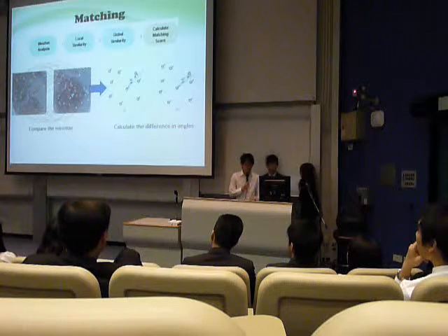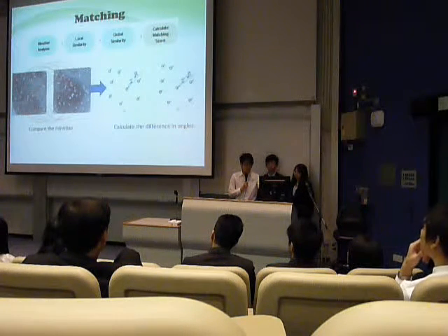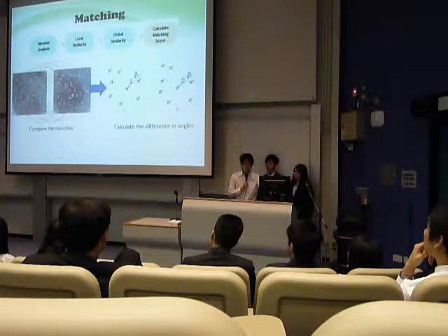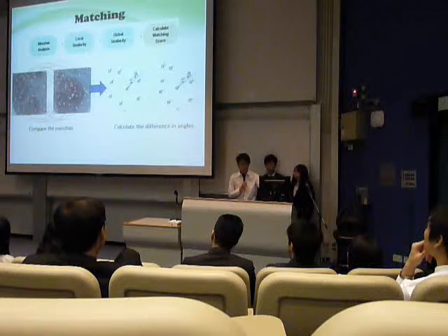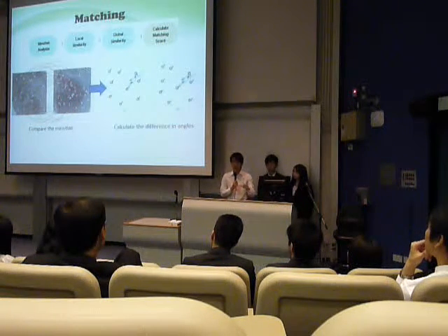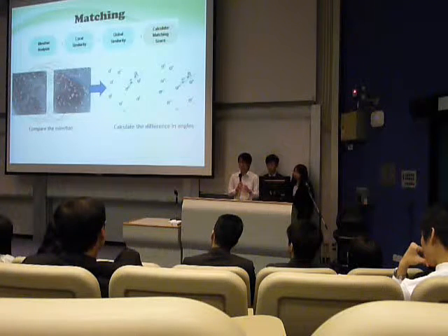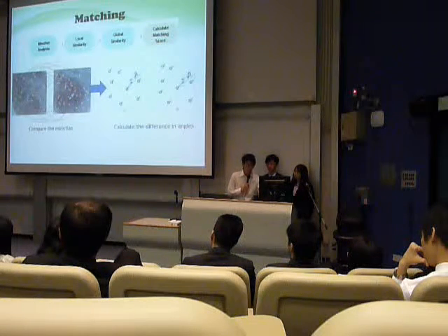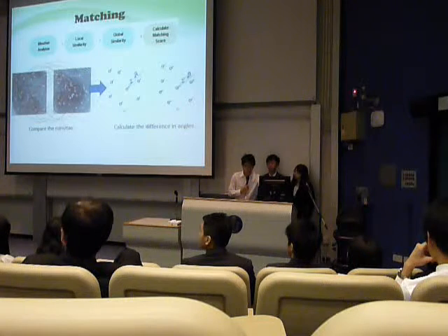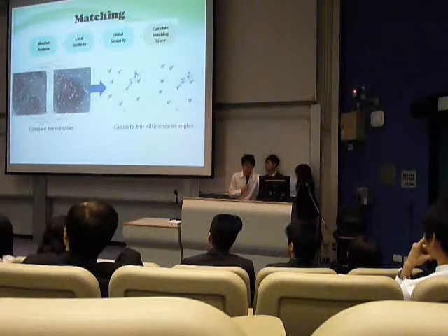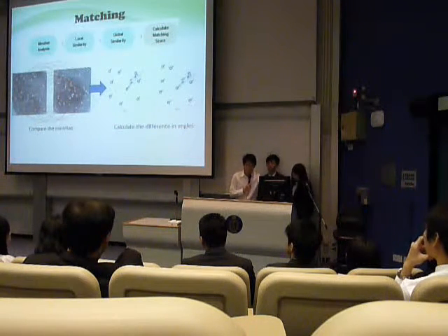For matching, you can see in the picture below that the first step is the minutiae analysis, which calculates the angles or the distance between two minutiae. For example, at the bottom right, it is calculating the angle, whether it is similar or not.